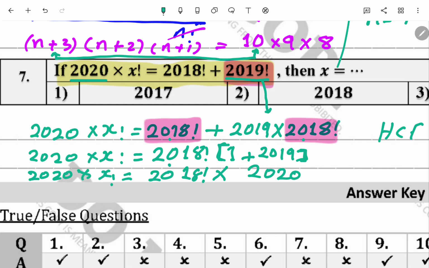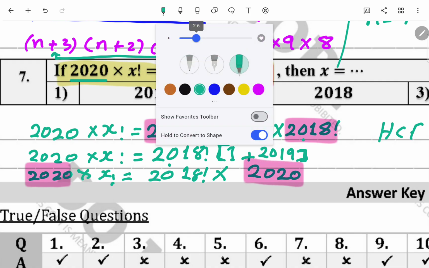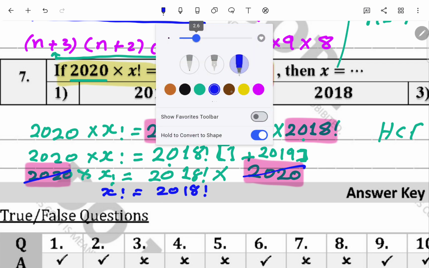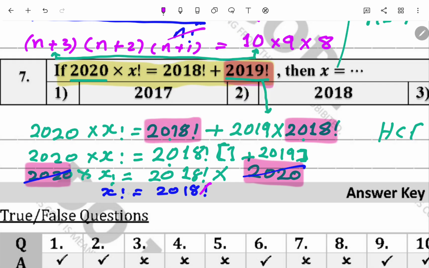You can see that you have the same here and there, so you can cancel them to get exactly only x factorial equals 2018 factorial. Cancel factorials here and there, and you can get finally x equals 2018, which is going to be the second alternative. Thank you for listening. Good luck.